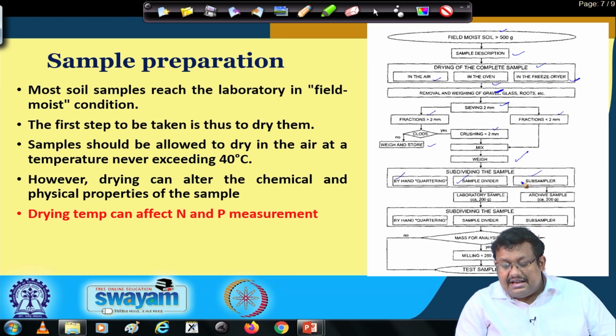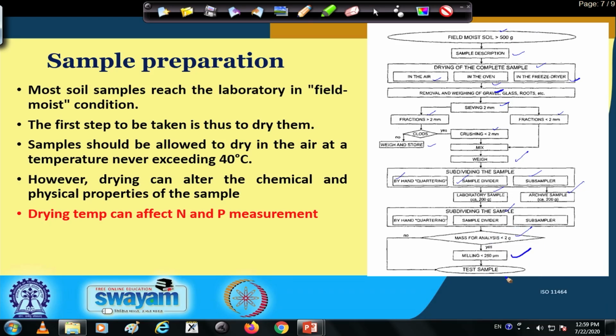The sample dividers are used for laboratory samples of around 200 grams, and subsamplers are generally used for archiving the samples, and then the laboratory samples can be subdivided by hand quartering or by sample divider or by subsampler, and the mass for analysis is generally less than 2 gram, and then we can do further milling to less than 250 microns, which further gives you the test samples.